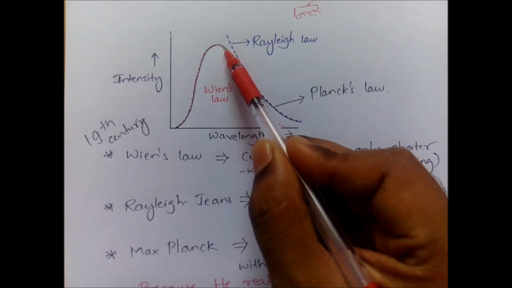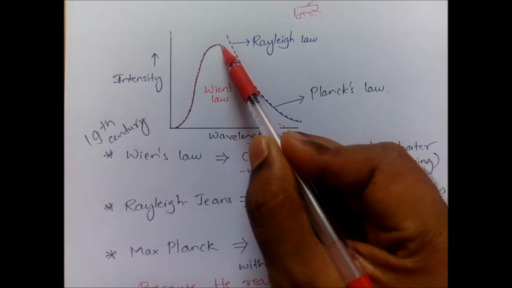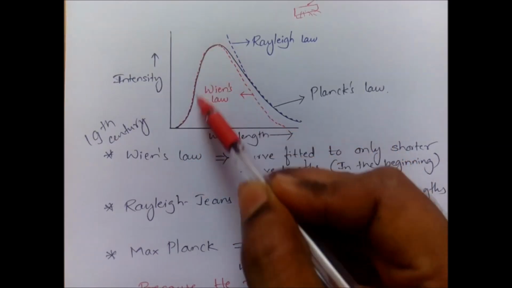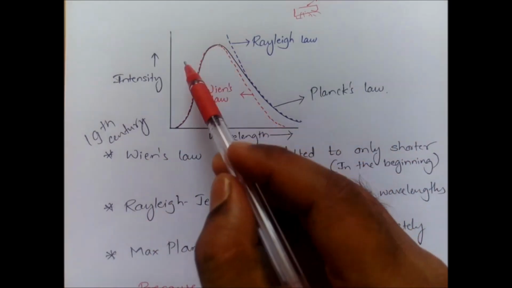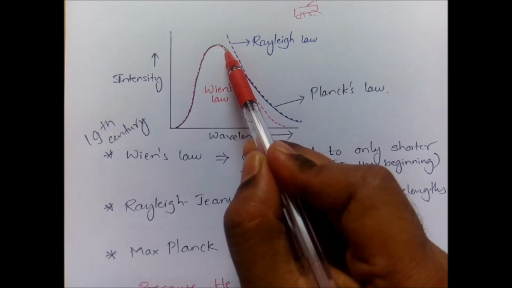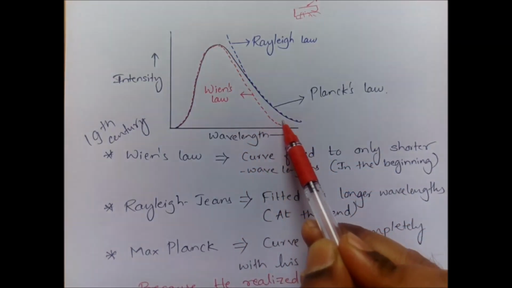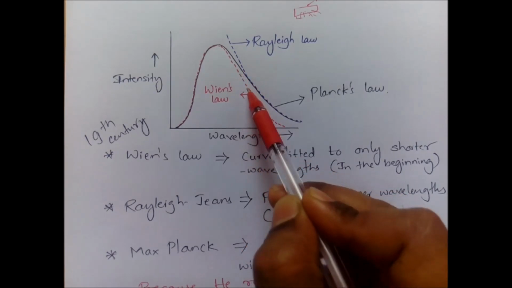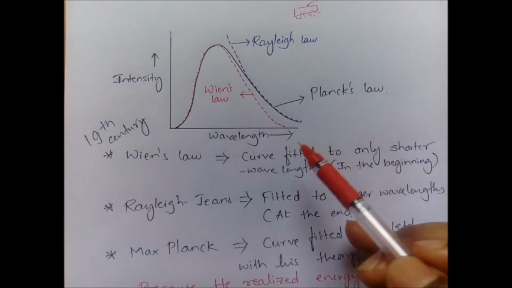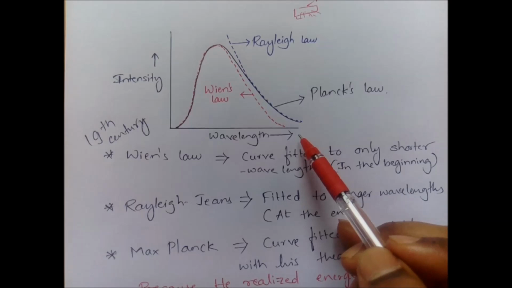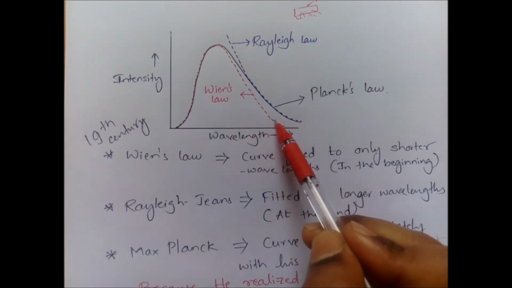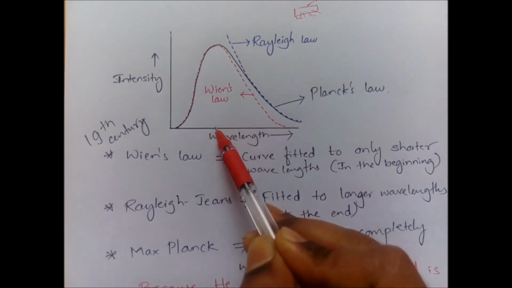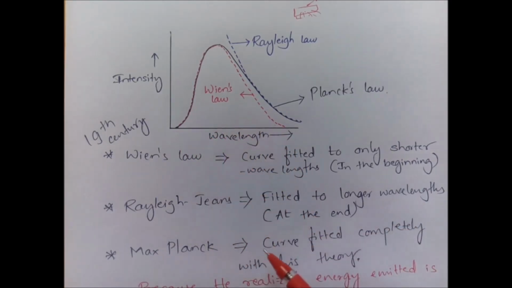His theory explained only the lower region of the wavelengths, that is, in the beginning. After that it started deviating from the experimental curve. This is the experimental curve and this is Wien's law. It did not explain the higher wavelengths; only at the lower wavelengths did it fit.